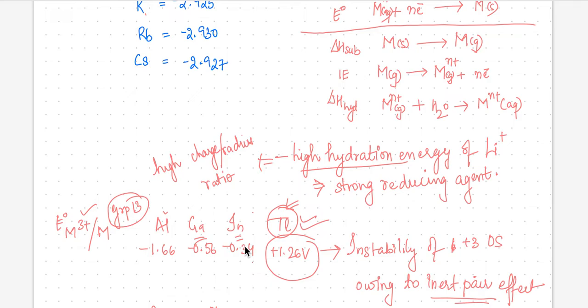The configuration in group 13 elements is basically ns2 np1.